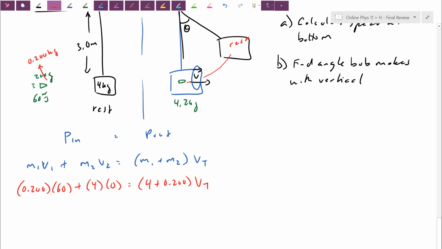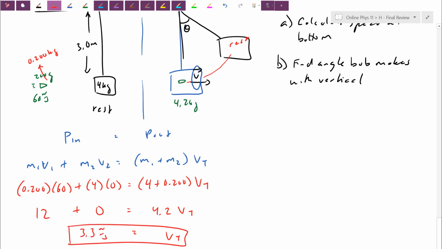So 0.2 times 60 is 12. The bob at rest is just going to be 0. This is going to be 4.2 V total, and therefore the V total as it leaves is 12 divided by 4.2, which gives me here 3.3 meters per second. So just based on conservation of momentum, it's considered whether it's an inelastic problem or even an elastic problem here.